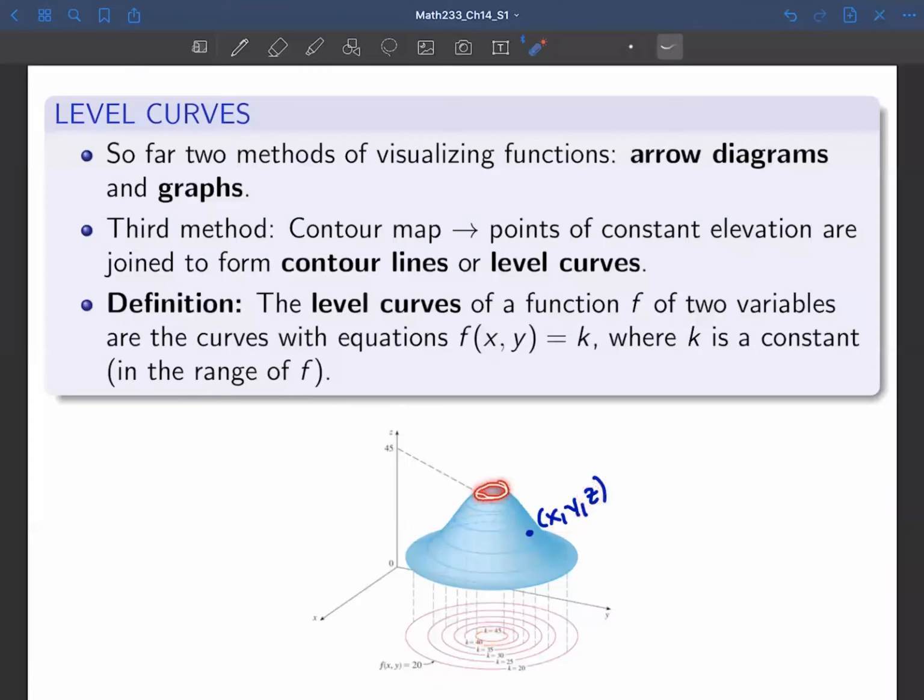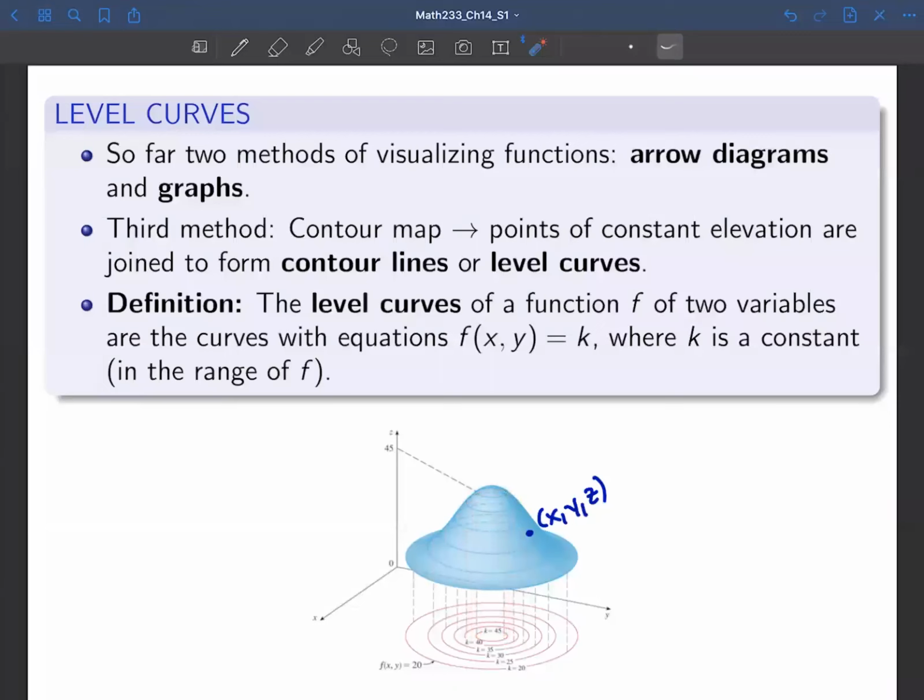So for example, in this graph that we have here, all the points that are in this circle on the surface correspond to k equals 45, and then all the points that are on this circle correspond to k equals 40, and that goes on.